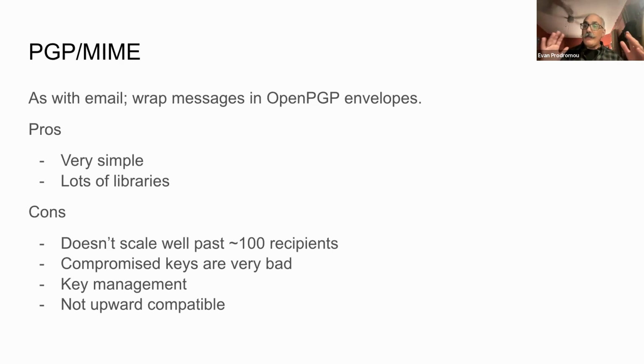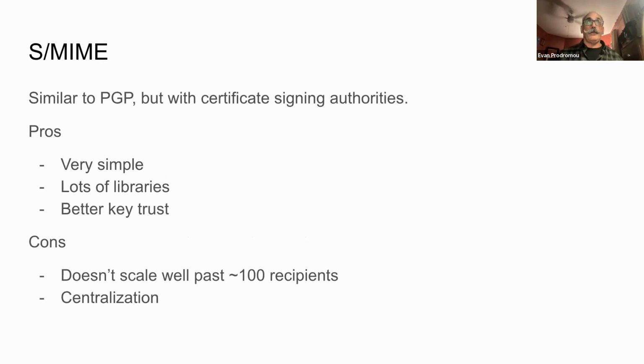The problem is that as you start increasing the number of addressed people in your messages, you go from one-on-one messages to 1 to 10 messages, and start getting into, say, Telegram-sized group messages. This system just wouldn't scale, right? It barely scales to like 10, and as you get out to like 100, it simply doesn't work. It also doesn't have a lot of robustness in terms of losing your keys. Key management is something that people are used to thinking of as very manual, although we think that it could work in an automated way.